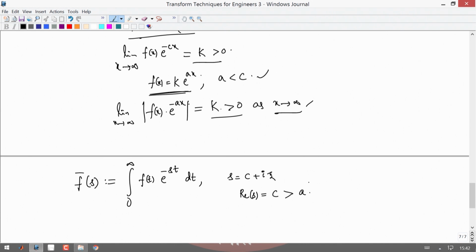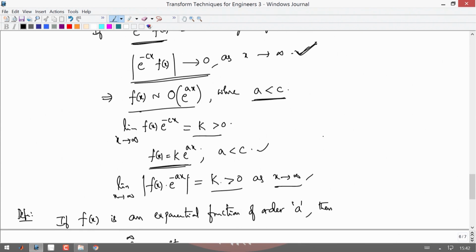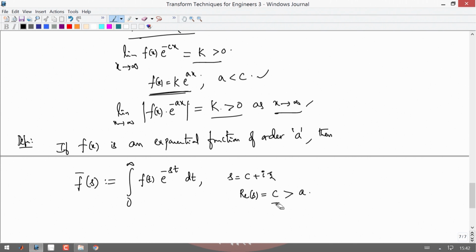Right. So now I can write the definition: if f of x is an exponential function of order a, then if the Laplace transform and its inverse transform have to be valid, a has to be less than c, that is what it means, because order a has to be less than c, then only this is true, because s is equal to c plus i xi.